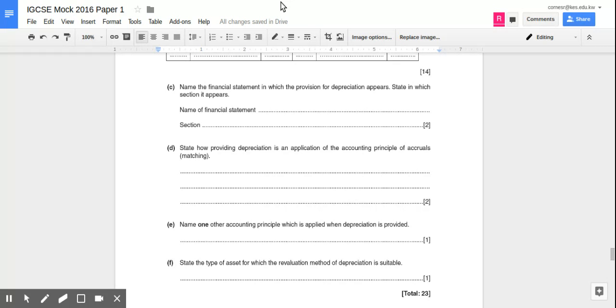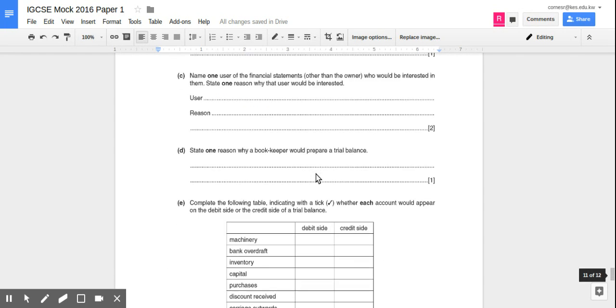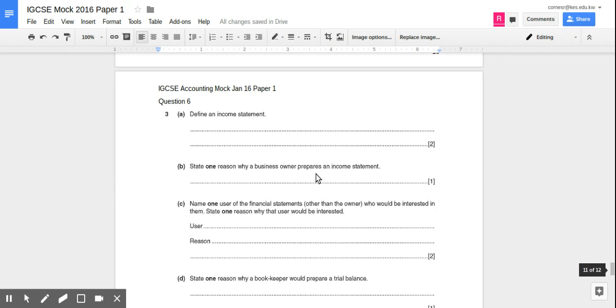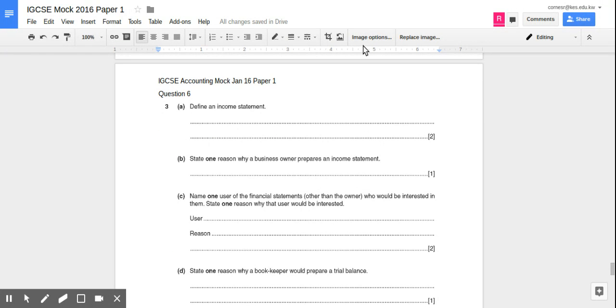And the final question, this was generally very, very well done. So the final question was this one here on defining an income statement. It's got the expenses and revenue, and it's done for a specific period. Why would the owner be interested in it? Well, the owner wants to know that they're making a return on their investment or a profit.